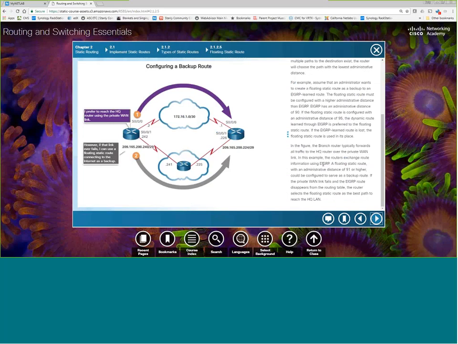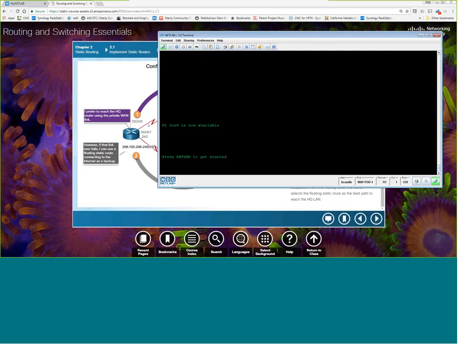You just add a distance at the end of the route command. So you do IP route, network you're going to, outgoing interface, and then you just put in a number, which gives you a metric. Let me see. I think R1 may still be up. Yep.